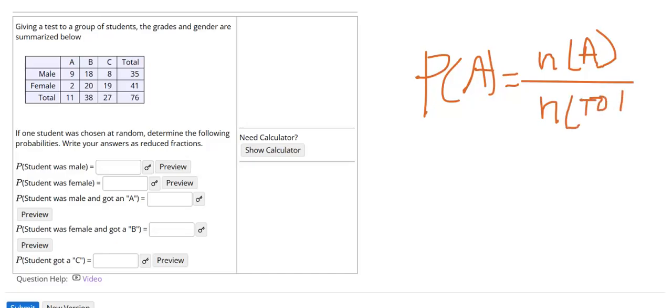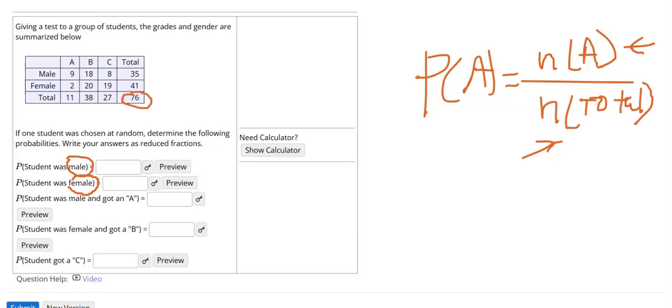In this particular example, you can think of male as A, or female as A. That's how you see what number goes on the top. The bottom always goes to the total number, which is 76 here.